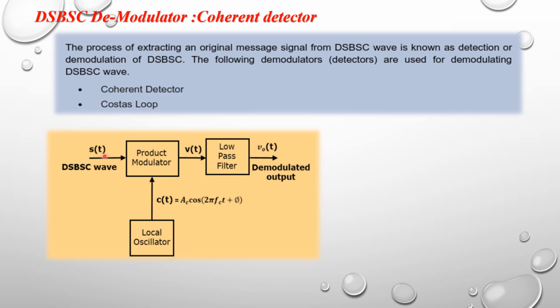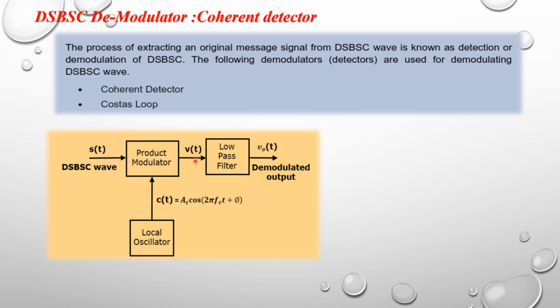The modulated output is s(t). This modulated output is connected to the product modulator, and the local oscillator output is also connected to the product modulator. c(t) is the local oscillator output, equal to Ac cos(2πfct + ψ), and the output of the product modulator is v(t). So v(t) is the product of the input signals, s(t) and c(t).